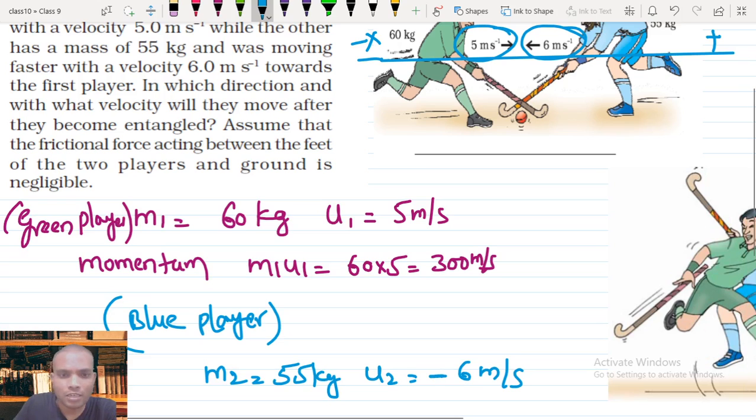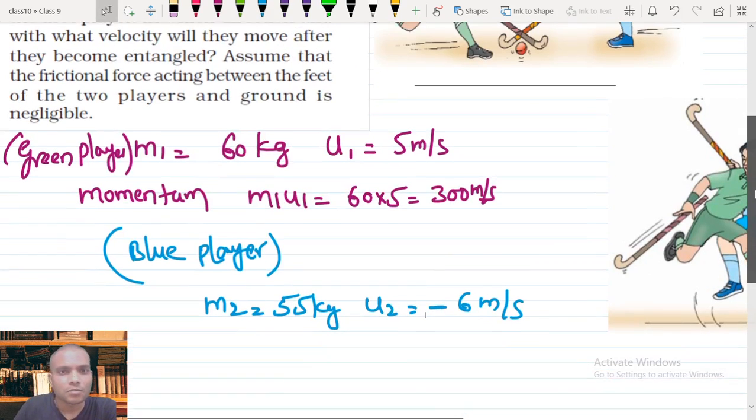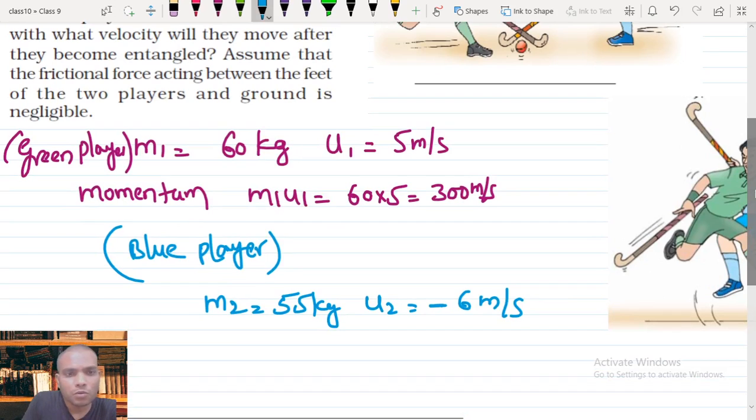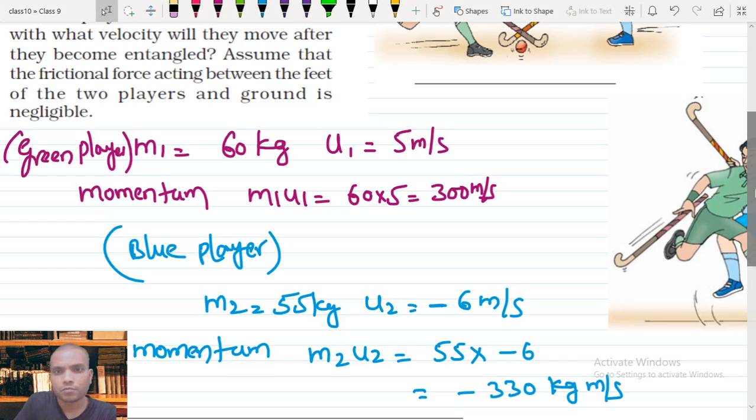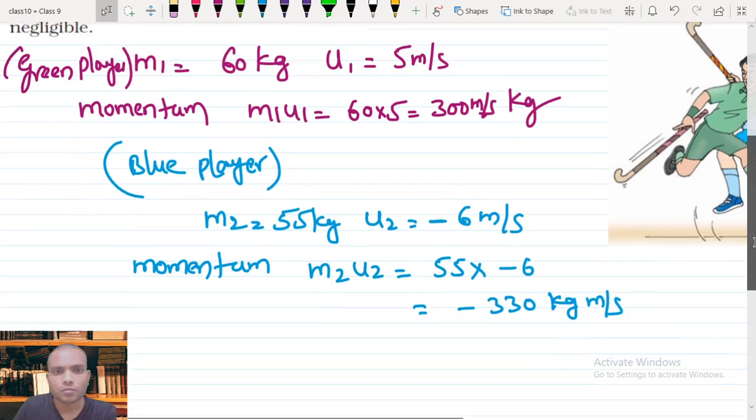That is the key point in this problem. Therefore momentum m2 u2 is equal to 55 times minus 6, which gives minus 330 kg meter per second. Here also we should mention kg meter per second is the unit of momentum.